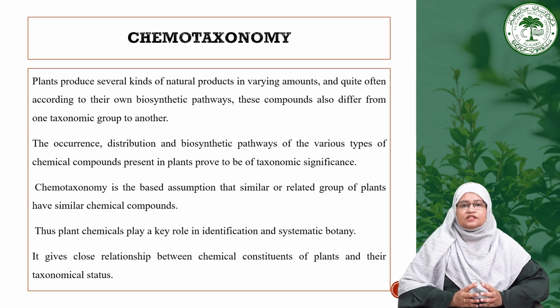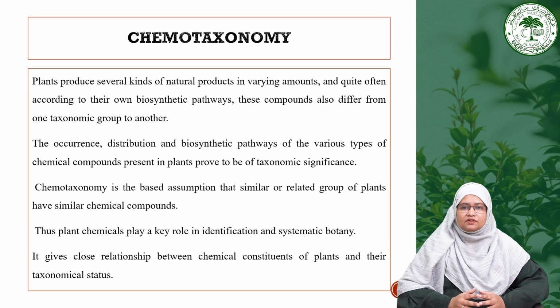So if we see chemotaxonomy, the plant produces several kinds of natural products in varying amounts and quite often according to their own biosynthetic pathways. These compounds also differ from one taxonomic group to another, and the occurrence, distribution and biosynthetic pathway of various types of chemical compounds present in plants prove to be of taxonomic significance.